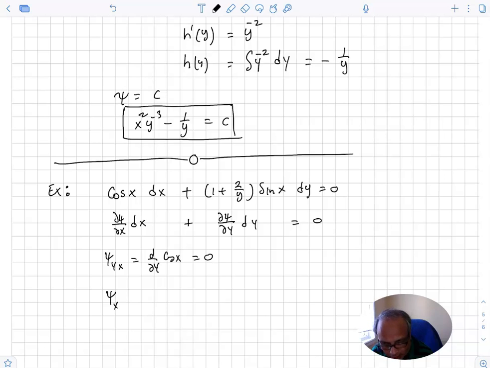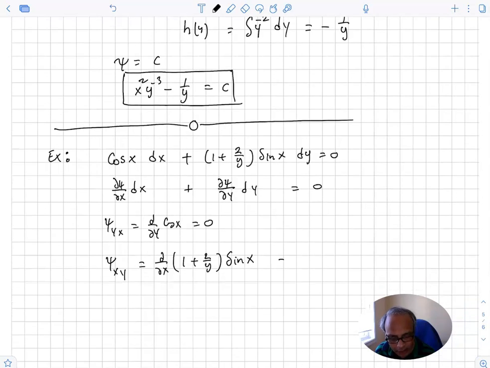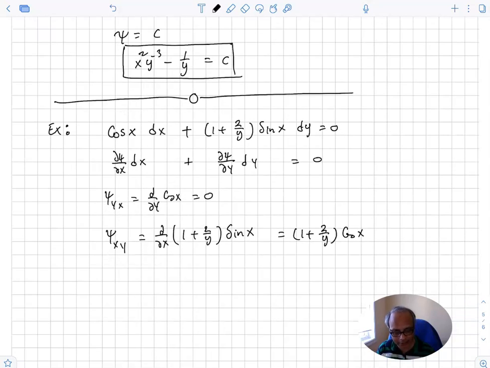Psi sub xy is the derivative of psi with respect to x, where the derivative of psi with respect to y is the coefficient of dy, which is 1 plus 2 over y times sine of x, and this equals 1 plus 2 over y cos of x.